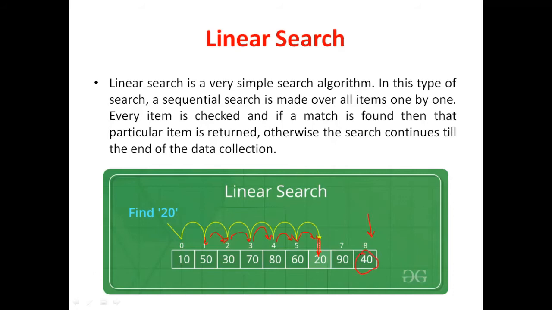It means that if you have a large amount of data already stored in the array, and your data value is at the last position, your algorithm will compare all the previous locations. That's why we can say it is a time-consuming process. Now we will see the program.